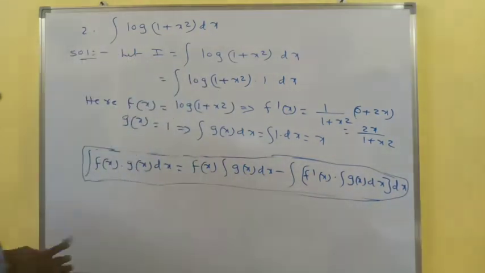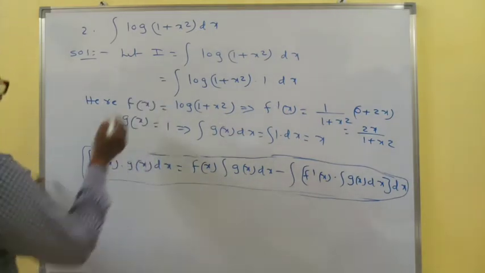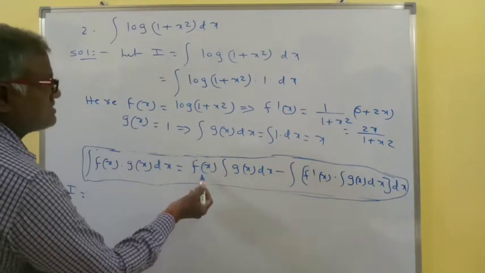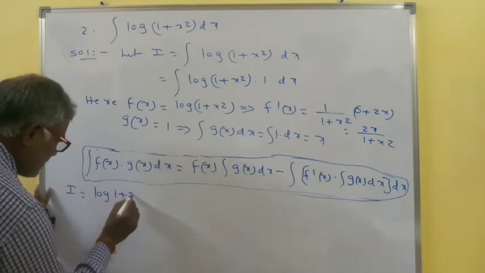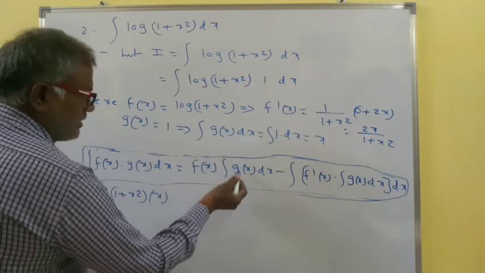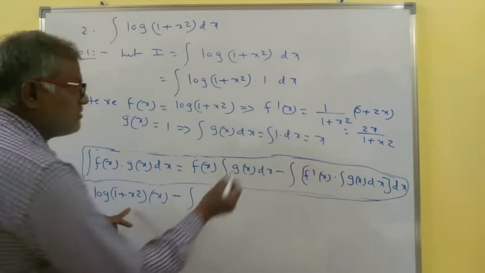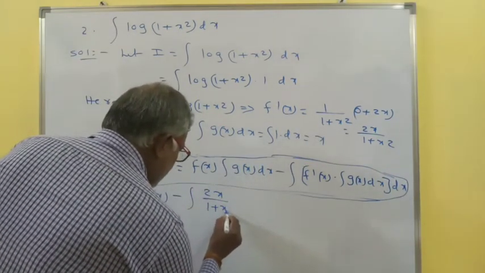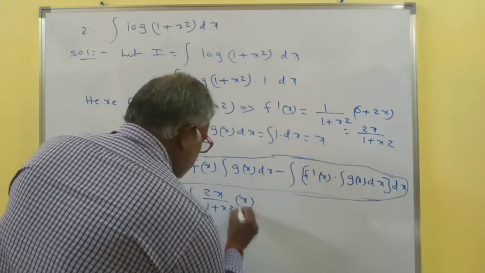Now, according to this formula, I is equal to f of x, which is log of 1 plus x square, into the integral x, minus the integral of the derivative, 2x by 1 plus x square, into x.